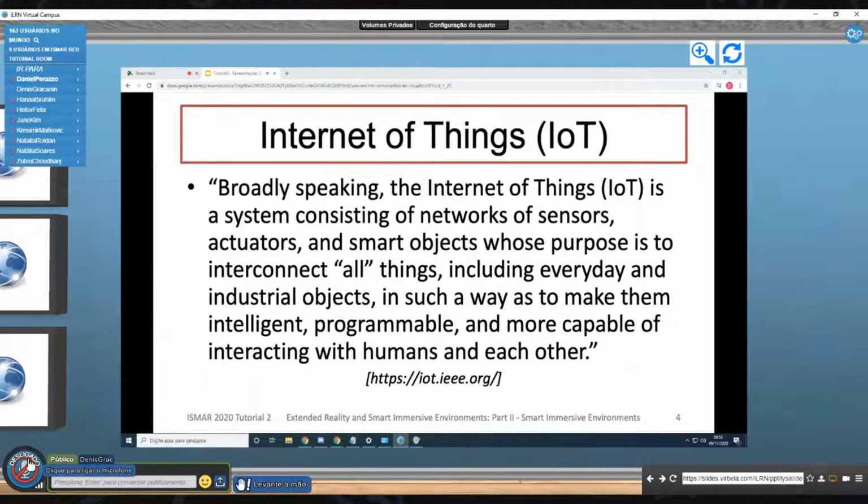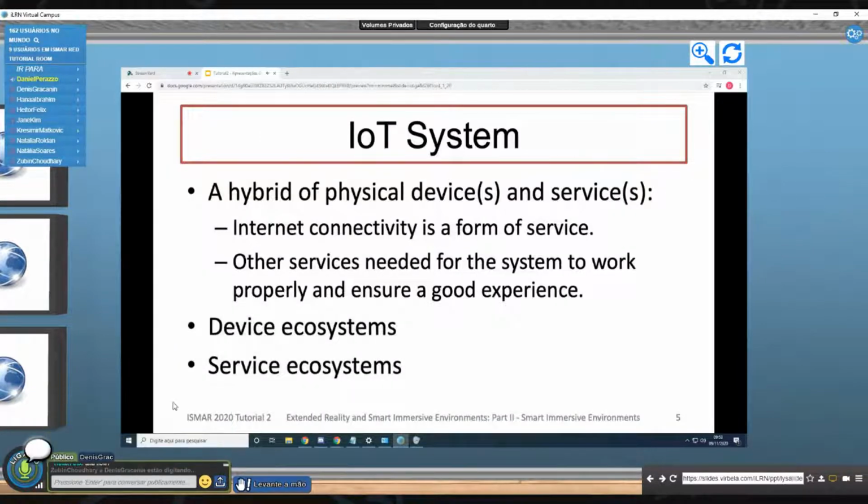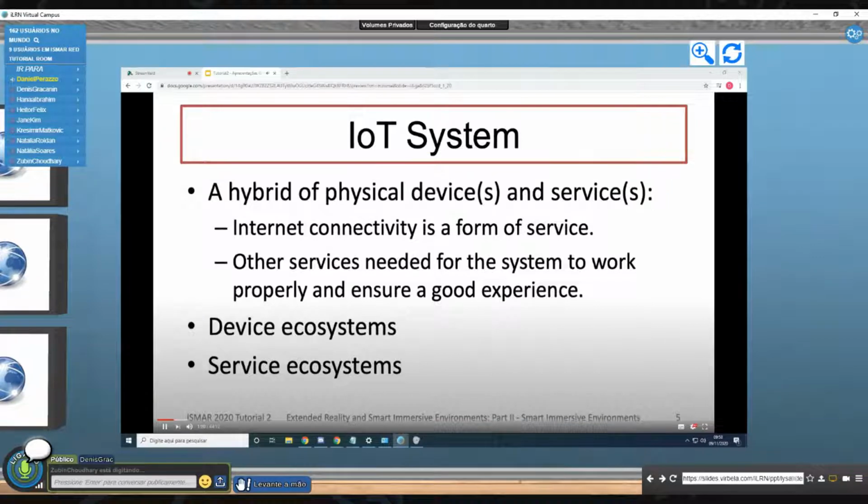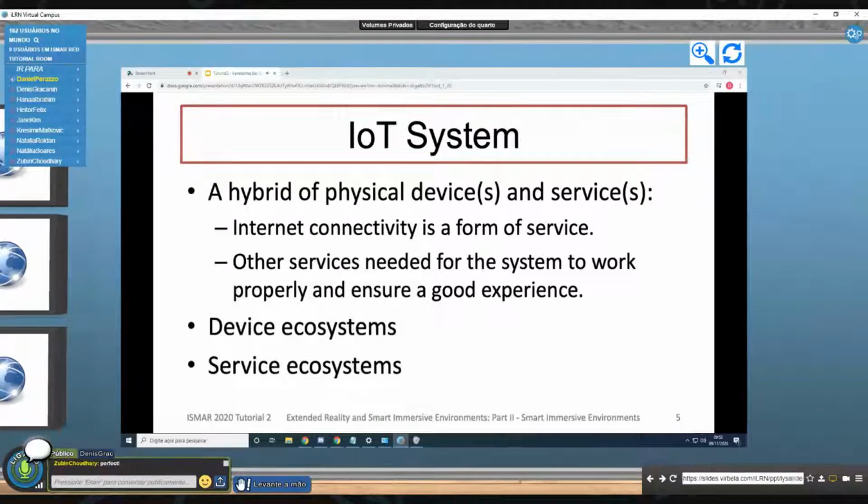Now that we have this definition of Internet of Things, let's look at what constitutes an IoT system. That will be a hybrid of physical devices and services, where Internet connectivity is a form of service and other services are needed to make sure that the system works properly and provides a good experience, meaning exchange of data, access to data, computing and processing of the data, and reacting to data.